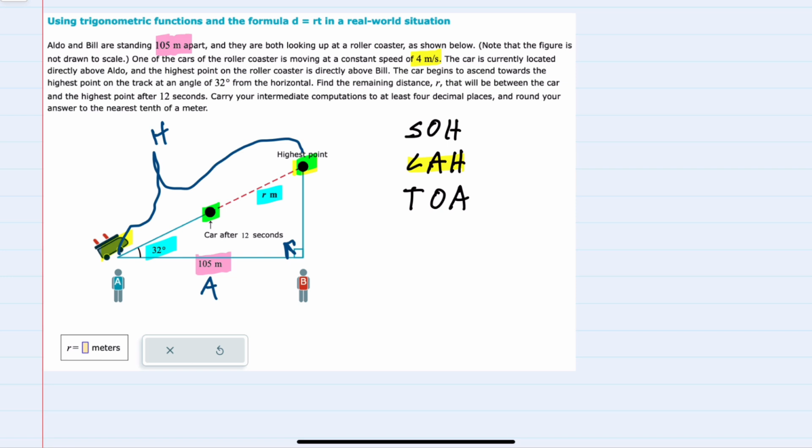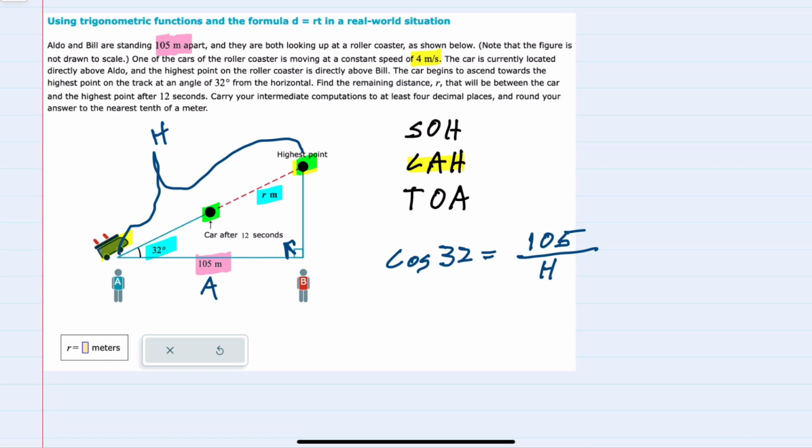So in this situation, I can write that as the cosine of our 32 degrees is equal to the side adjacent to that 32 degrees, which is 105 over the hypotenuse, which I'll just call h since we don't know what the hypotenuse is.